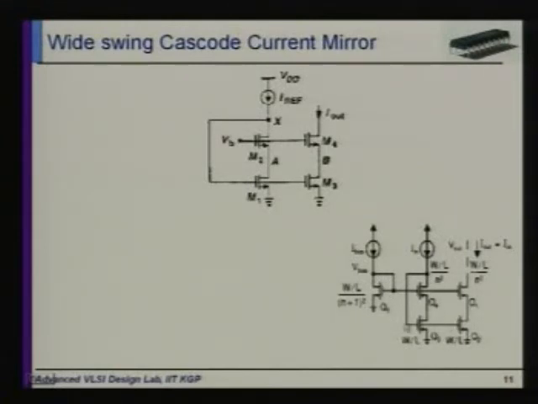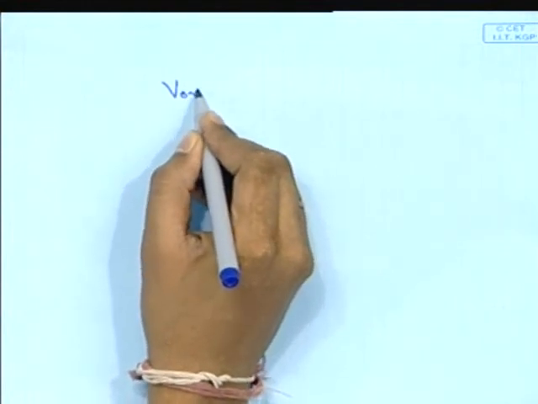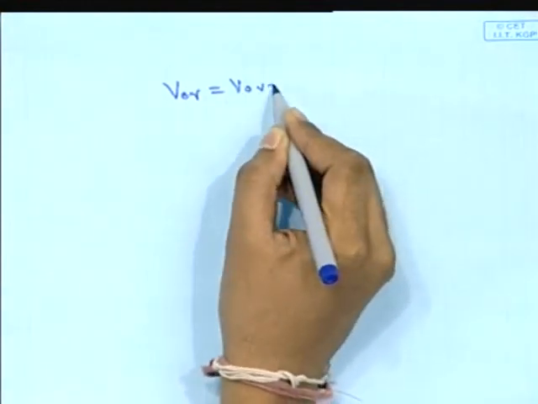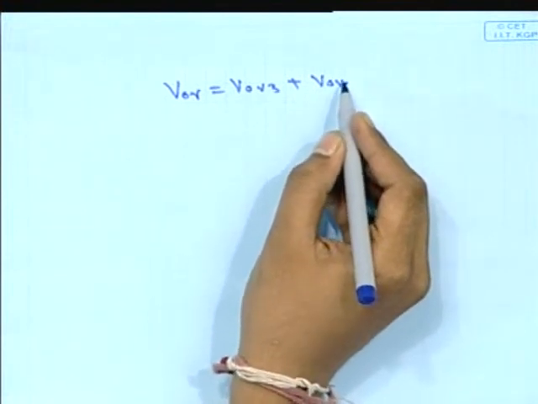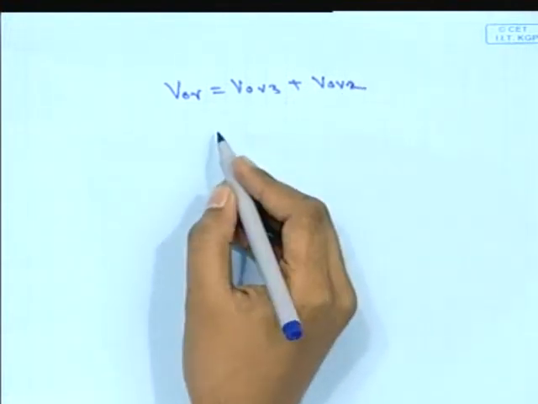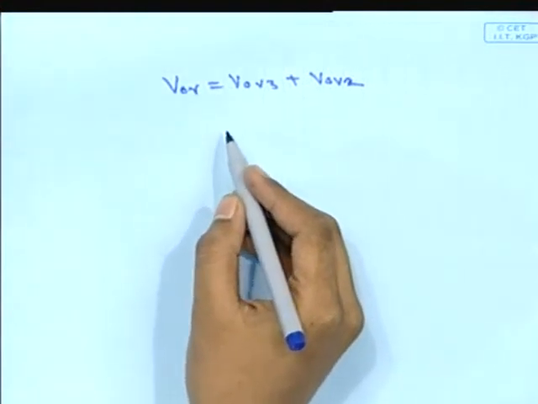See, if these two transistors, Q3 and Q2, are in saturation, we can easily define the VOV of those transistors. Let VOV equal VOV3 plus VOV2. You cannot see these two circuits simultaneously, so I have to write that.